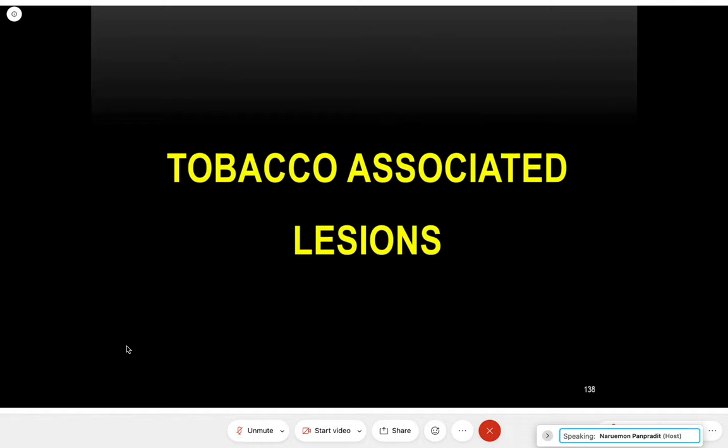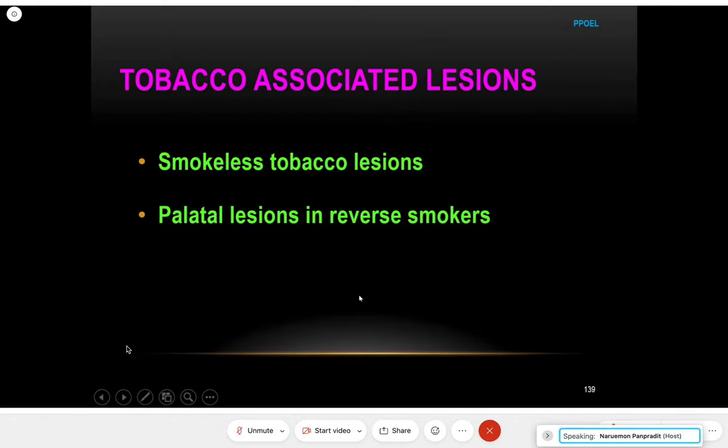Okay, next one. The group of tobacco-associated lesions. I will talk about smokeless tobacco lesions and palatal lesions in reverse smokers.